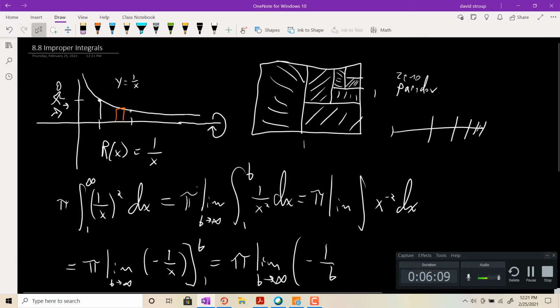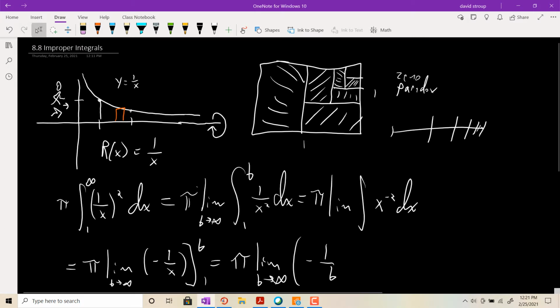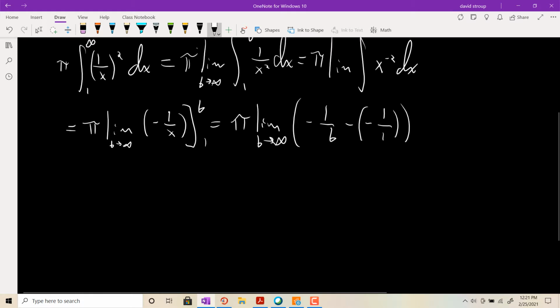So anyways, you're plugging in b, and then you subtract away, plug in 1, right? So minus negative 1 over 1. Okay, and evaluate that, and then at the end you take the limit of it. So you'll find out Gabriel's horn actually has a finite volume.